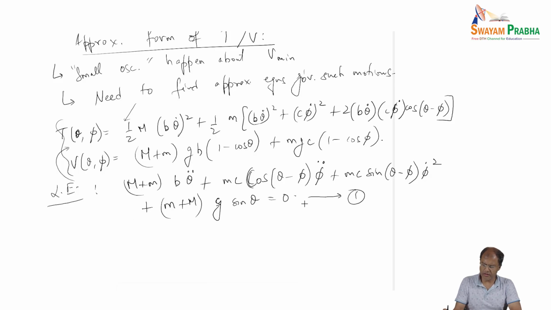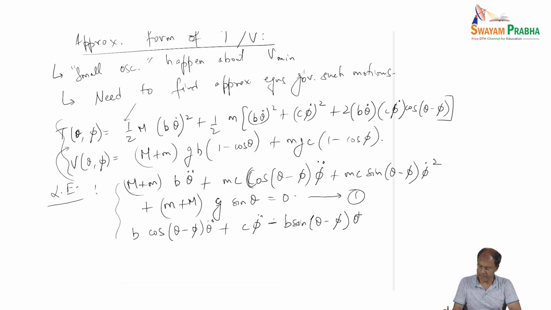And my second equation is B times cos of theta minus phi theta double dot plus C phi double dot minus B sin of theta minus phi theta dot square plus G sin phi, which is equal to 0. So those are my two equations.